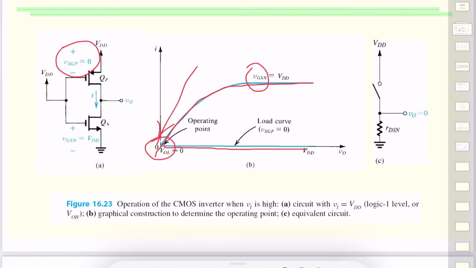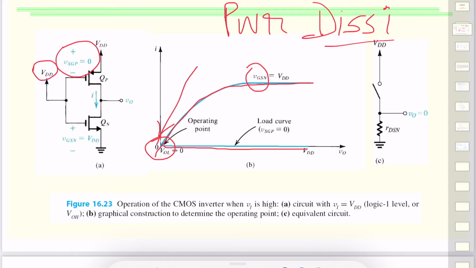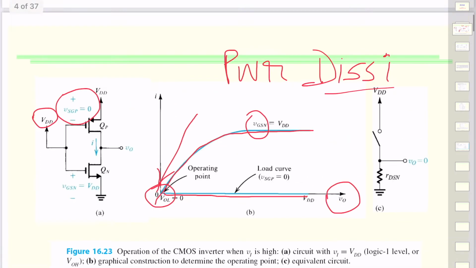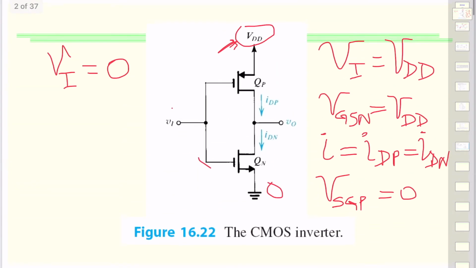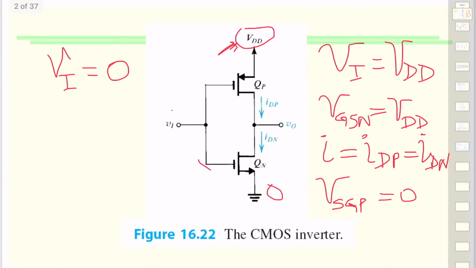Now, when the current is zero, the power dissipation is also zero. So the result that we get at the output for high input comes with zero power loss. The inverter is acting just as an inverter and not contributing any power or taking any power away from the signal.